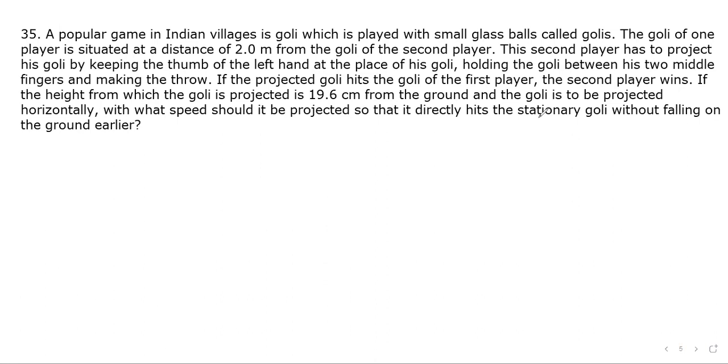without falling on the ground earlier? So the situation is simple. This is a case of projectile motion. This is 19.6 centimeters. So it is projected like this, and it goes like this. The goli of the second player is here.